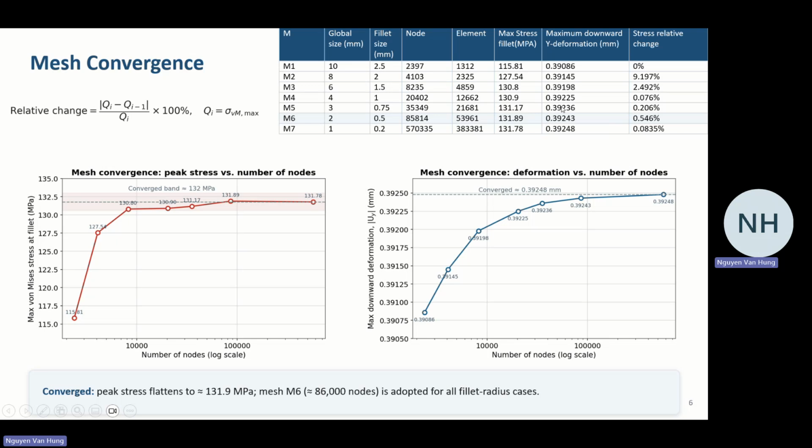The peak stress converges to about 132 megapascals, and I adopt the M6 mesh at about 86,000 nodes, because it is within a tenth of a percent of the finest mesh at a fraction of the cost.